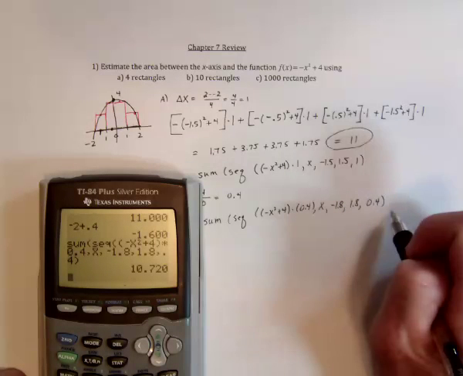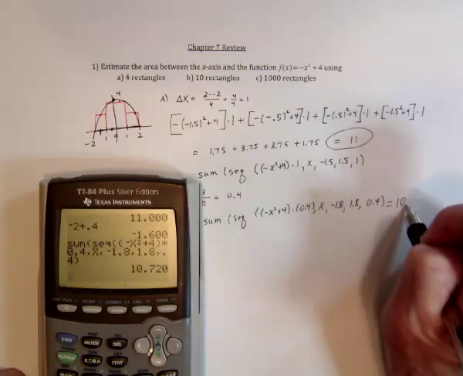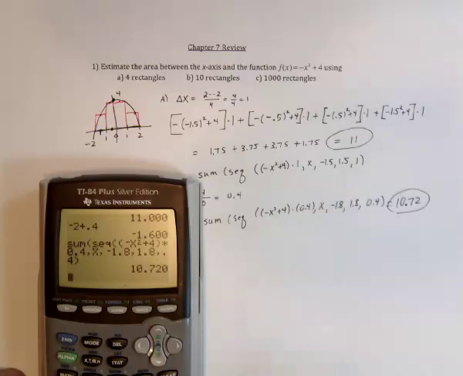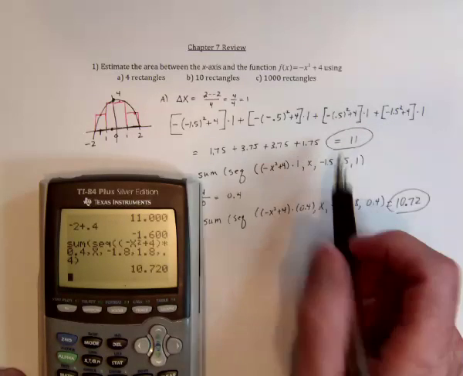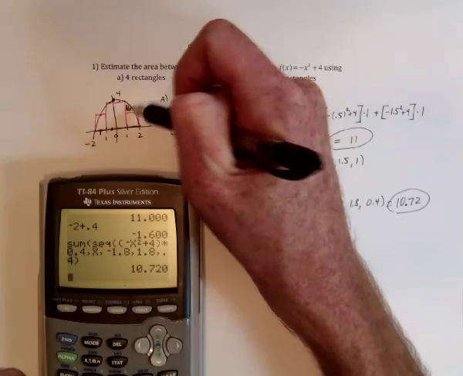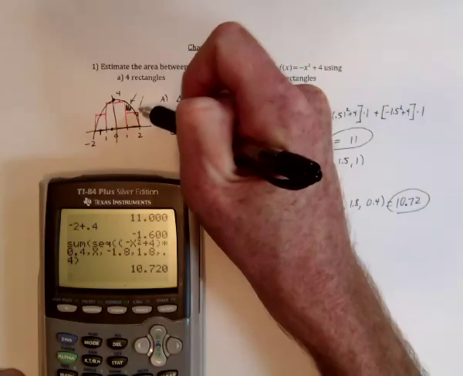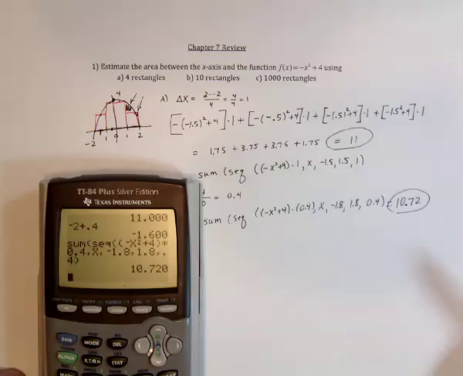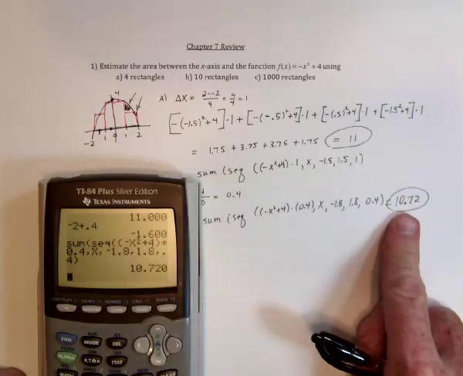In the area, 10.72. So 11 was a decent estimate, but you can see that there's actually some error in there. And so this is a better estimate.